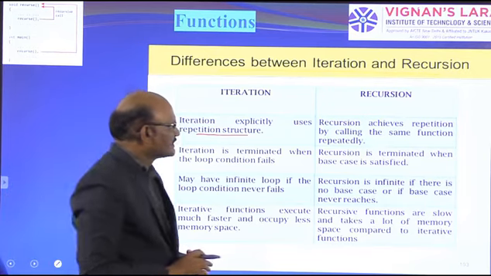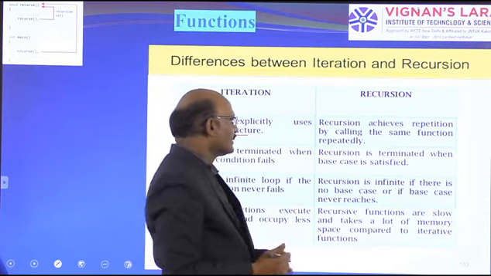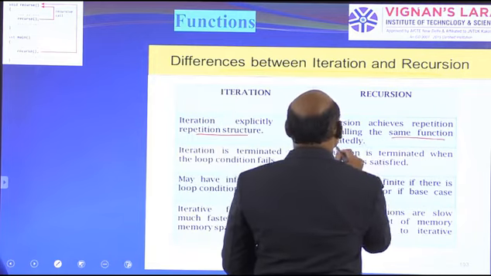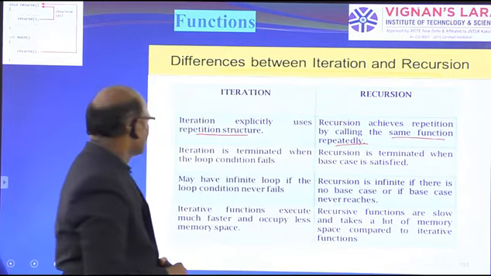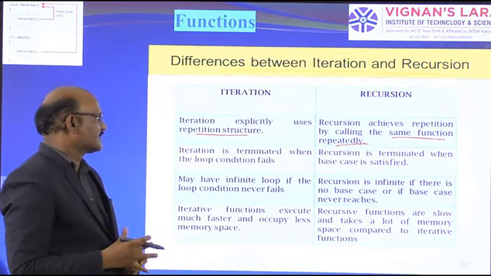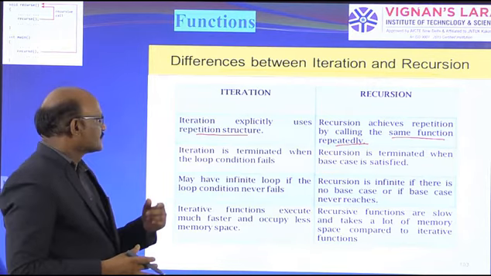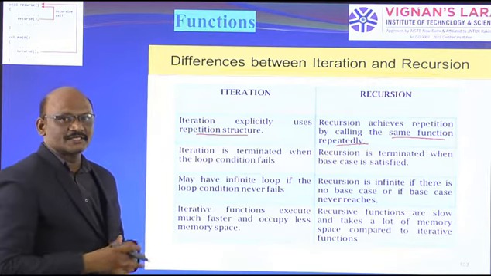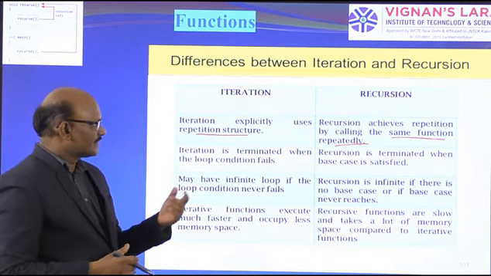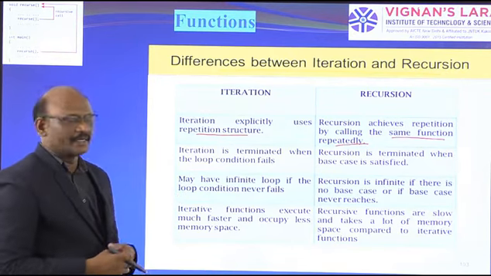Whereas in case of recursion, it achieves the repetition by calling the same function repeatedly. So in case of iteration, the repetition structure is explicitly specified, and in case of recursion, the repetition structure is implicitly specified, taken by calling the same function repeatedly.